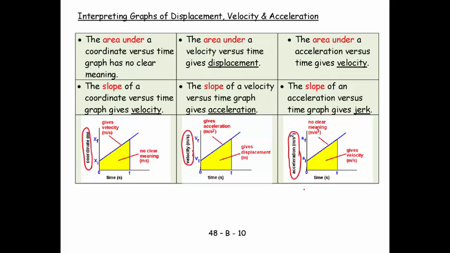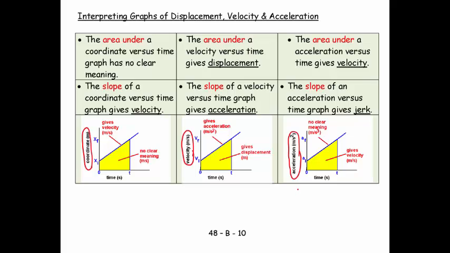So first warning, people tend to not look carefully enough at the axes of a graph. My sense is that if I ask a question about velocity-time relationships, and the next question is a graphical question, some students will just seem to assume that the graph is velocity versus time. But it needn't be.